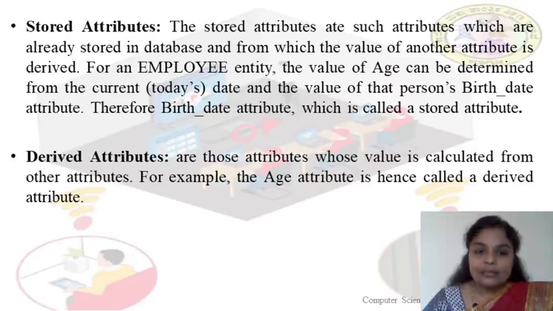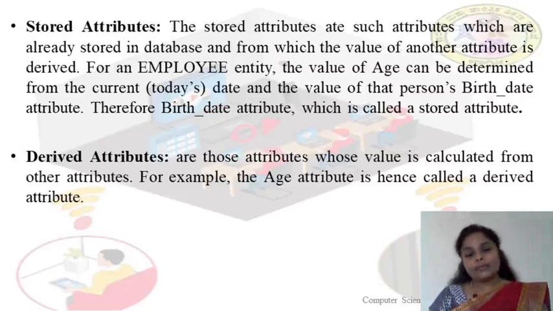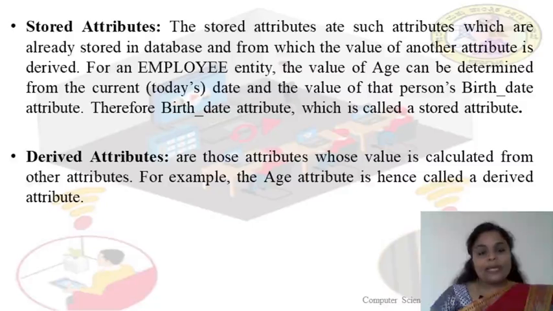Let me read it again. In an employee entity, the value of age can be determined by using what? Today's date and the value stored in the birth date attribute. So what they're trying to say is, a table can have date of birth.